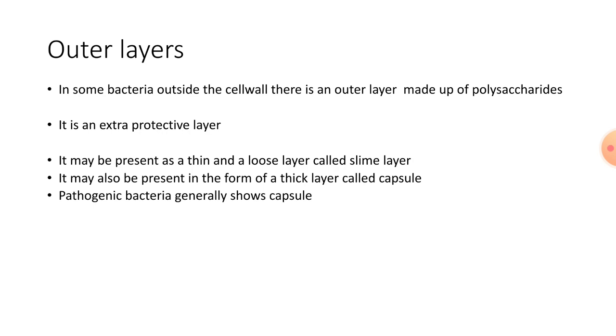They protect the bacteria from desiccation. That is why bacteria can withstand even high temperatures. The slime layer-like structure helps the bacteria attach to a substratum. And the capsule also helps the bacteria endure all types of unfavorable conditions.